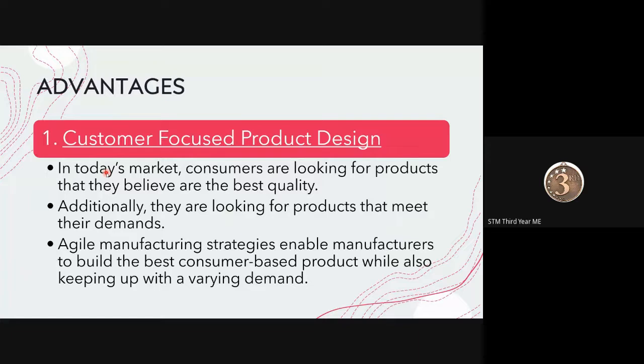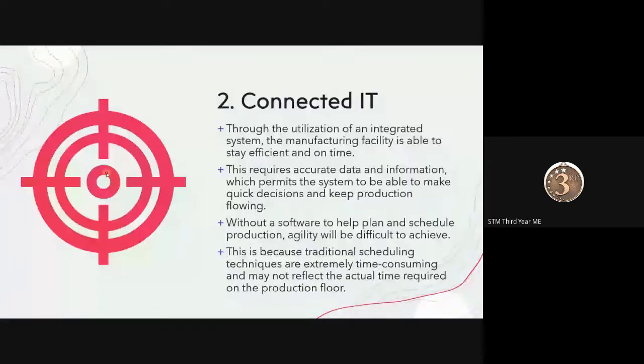Next is connected IT. So they are always in an updated mode, right? In agile manufacturing, I have already told you the role the IT field plays in the agile manufacturing system.